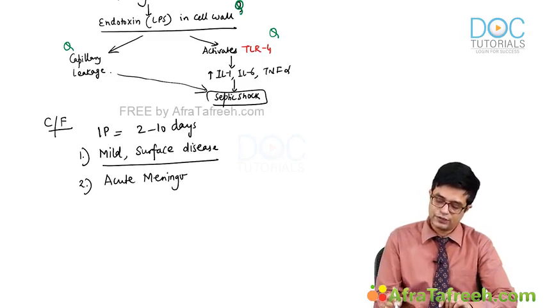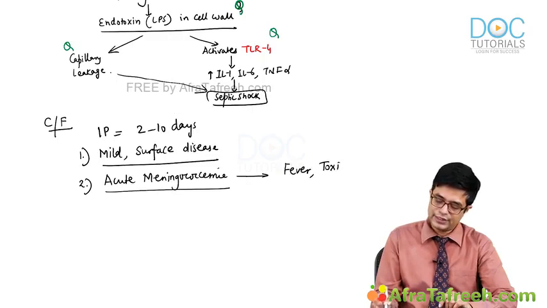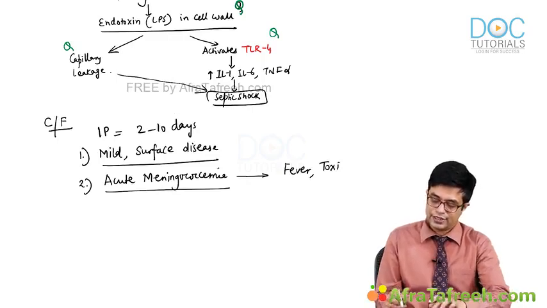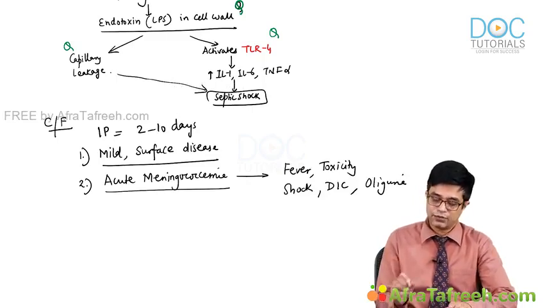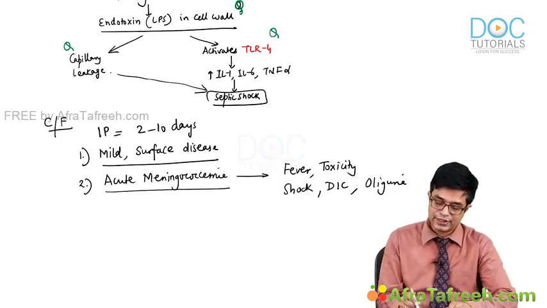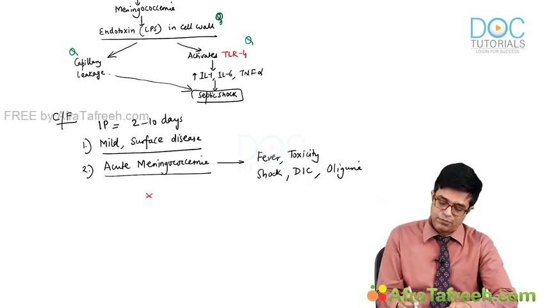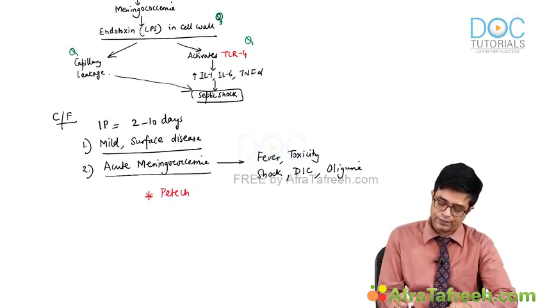So these are the children who will have features of fever, toxicity, there will be development of shock, they can develop DIC, they can develop oliguria, that is renal failure, and a characteristic thing regarding meningococcemia is that these children will have petechiae or purpurae on the body.